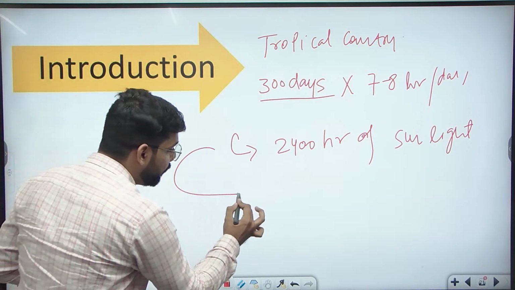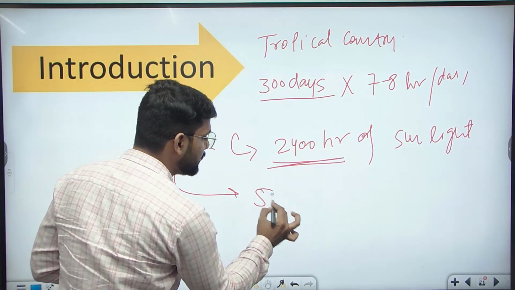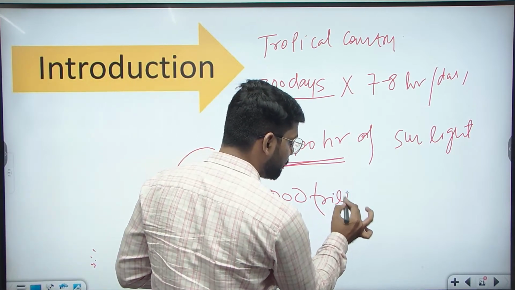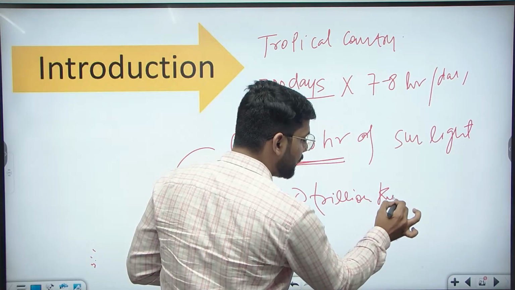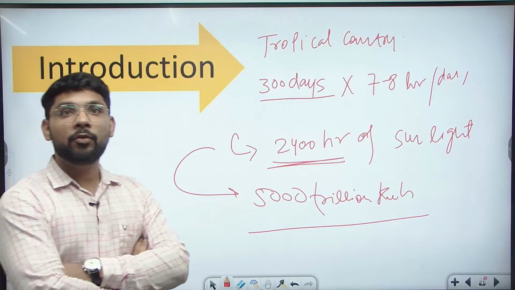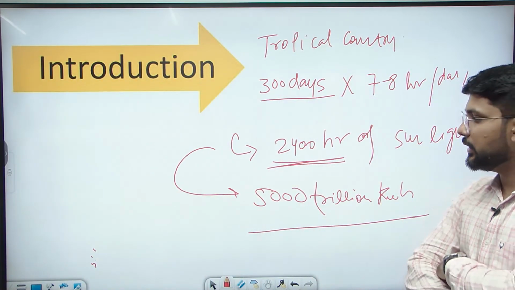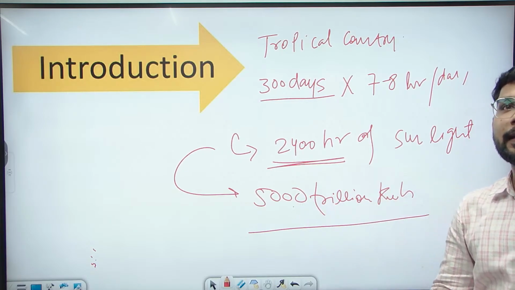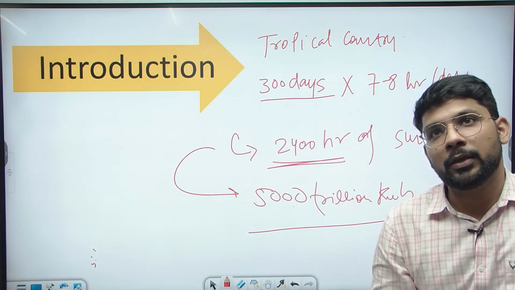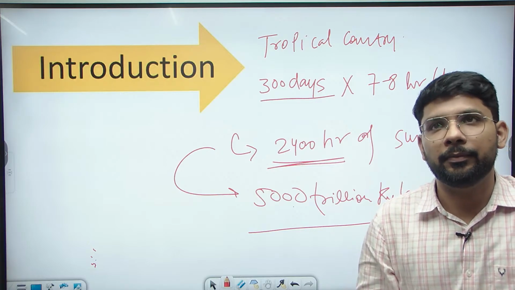And this 2400 hours of sunlight has a potential of generating 5,000 trillion kilowatt hours of solar energy. So this is the potential of solar energy in India.